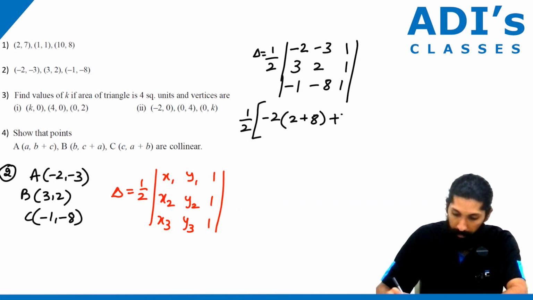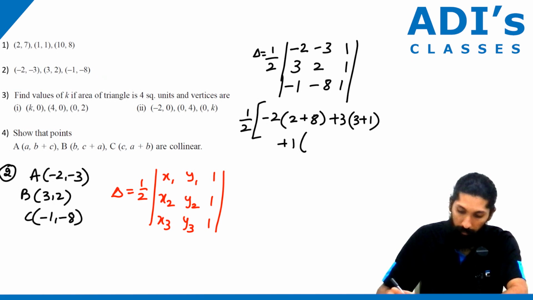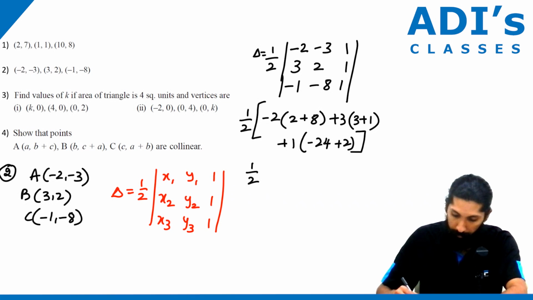Next, plus 3 into, you will have 3 plus 1. Next, plus 1 into, you are going to have minus 24 plus 2. Or this is going to become half into 10 into minus 2 minus 20, 4 into 3 is 12, minus 22.